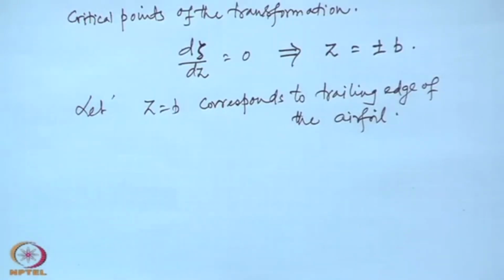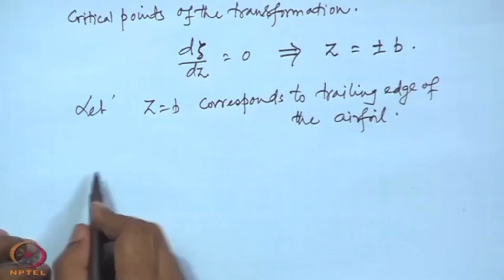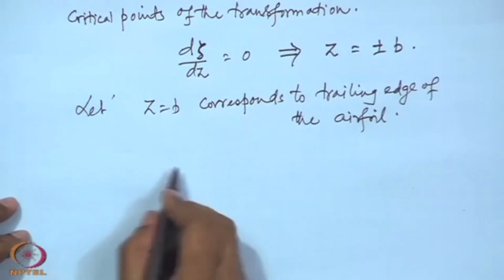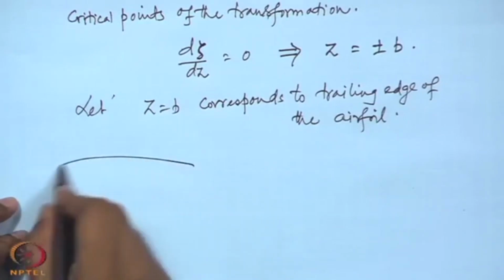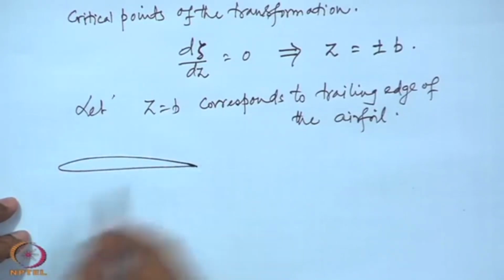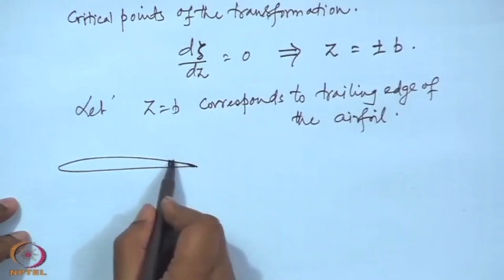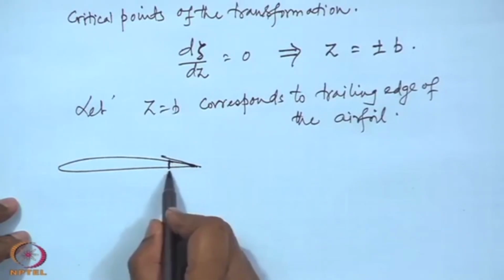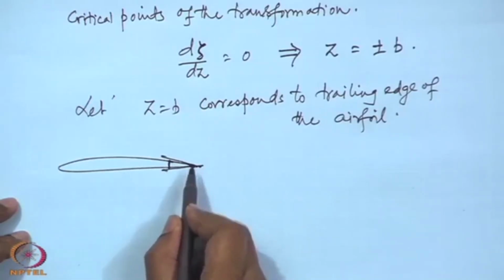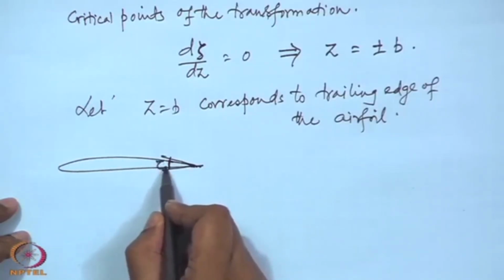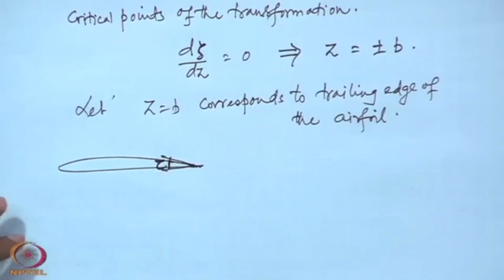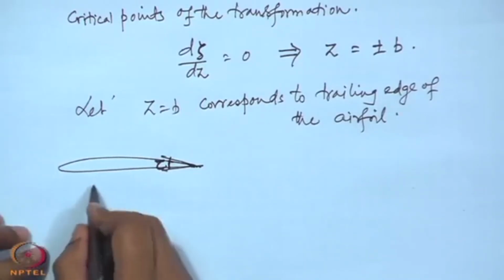So, what is the angle at the trailing edge? Think about these as the two tangents at the trailing edge, and this is the trailing edge angle, we are calling the trailing edge angle tau. How much is this?